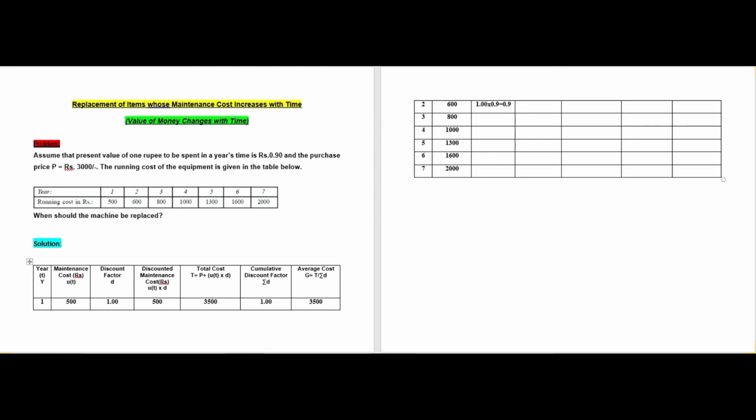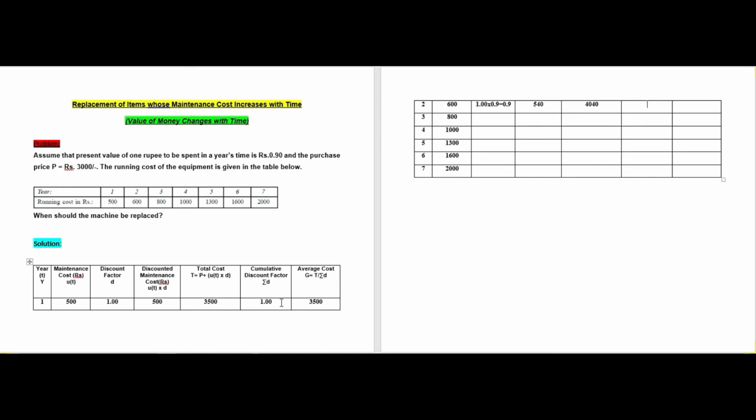So this is the discount factor for the second year, and the discounted maintenance cost equals maintenance cost into discount factor in the particular year. So 600 into 0.9 becomes 540, and the total cost equals 3500 plus 540, which becomes 4040.